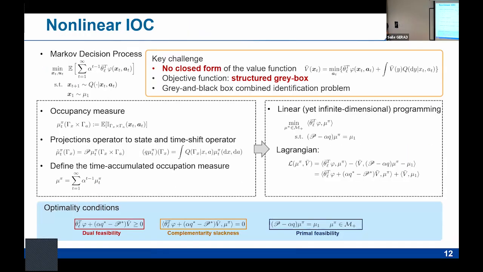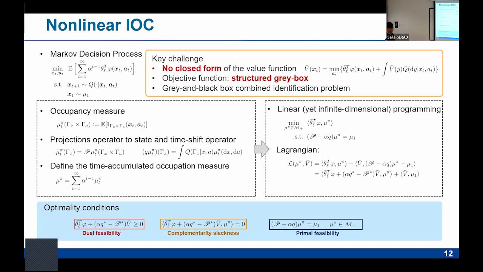Okay, so now the problem becomes, that is LQ. What we are interested in now is, can we bring this further? Think about this nonlinear decision, like a Markov decision process, which means that you have a discount factor alpha, Q is the transition kernel, and this is the objective function.